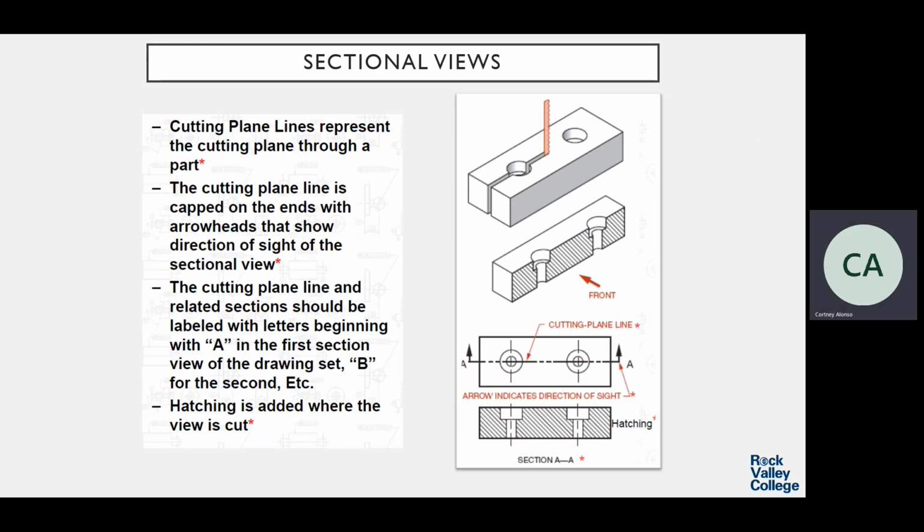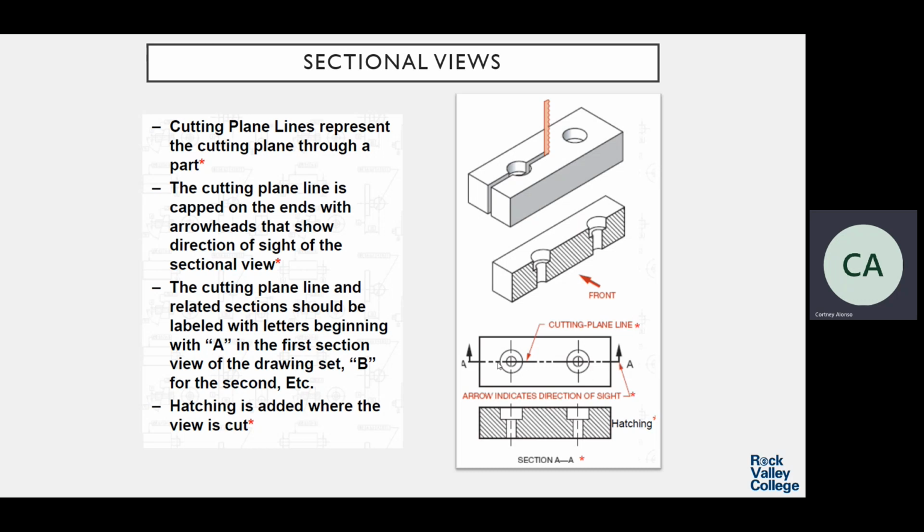Another line that we talked about was the cutting plane line. The cutting plane line tells you two things: where I'm cutting the part and where I'm viewing the part. In this example, you have a cutting plane line going through. The cutting plane line is always the thickest, most visible line. Then you have arrows pointing which way I'm viewing.